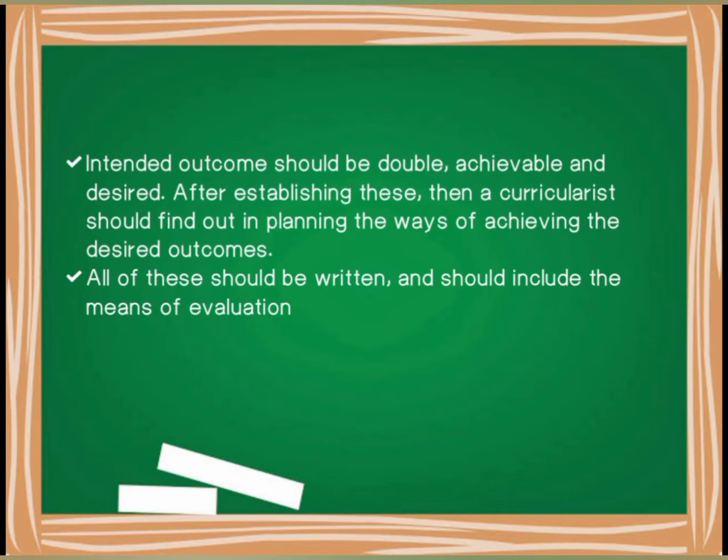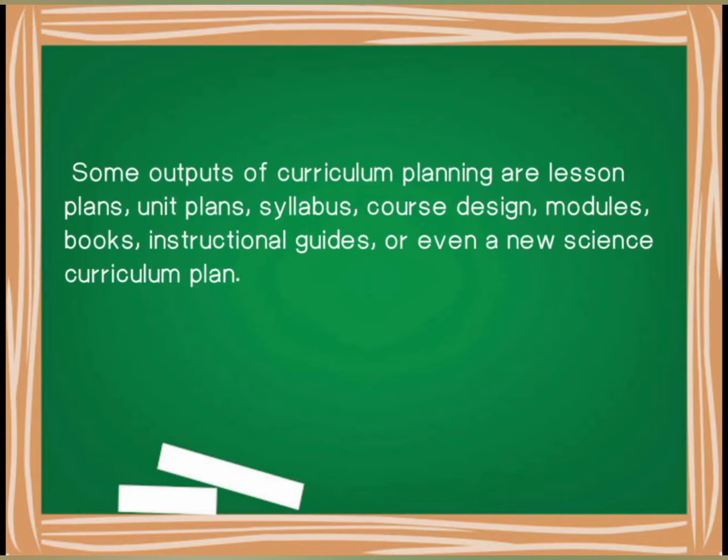Many planners would say a good plan is half of the work done. So, in curriculum development, a well-written plan ensures a successful implementation. The end product of planning is a written document. Some outputs of curriculum planning are lesson plans, unit plans, syllabus, course design, modules, books, instructional guides, or even a new science curriculum plan.